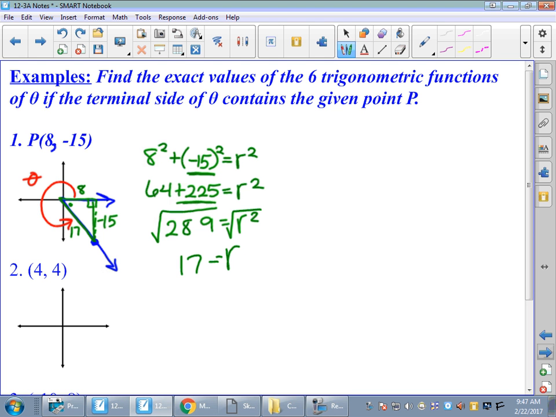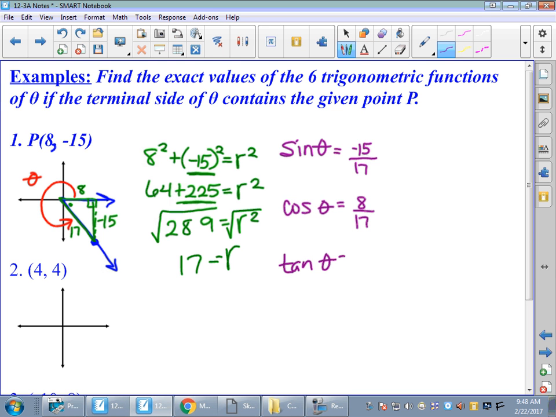We're going to go through and just write the 6 trig values. So the sine of theta, that great big angle, is equal to the opposite of that little acute angle, negative 15, over hypotenuse 17. Cosine theta is adjacent 8 over hypotenuse 17.